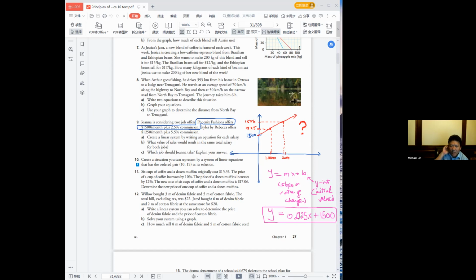So x is the number of sales that you managed to make, and y is your total profit, or the total amount of money that you're going to make. Does that make a little bit of sense, Ryan? Yeah? So you're going to start with $1,500, and you can add bonus money to your pay. The bonus money is the 2.5% of whatever you sell. So that's why we write that as 0.025 times x.